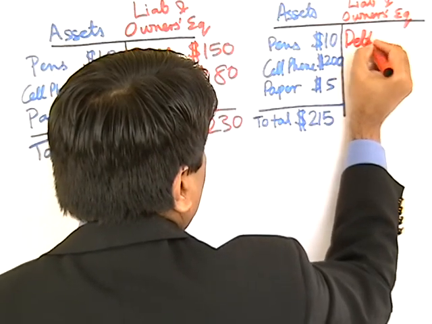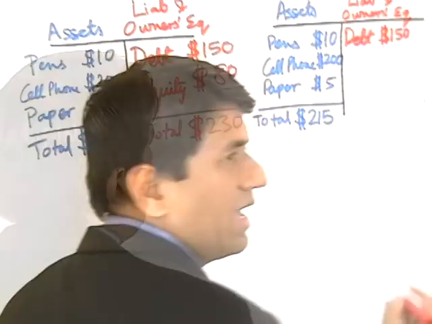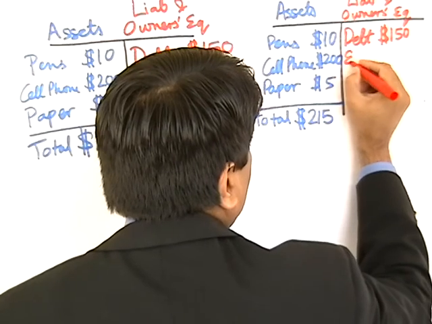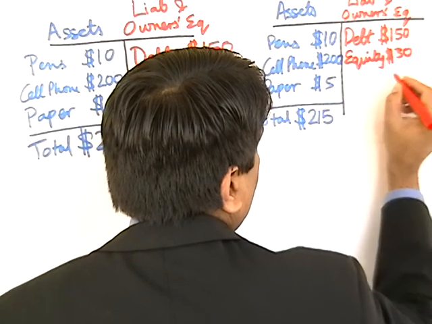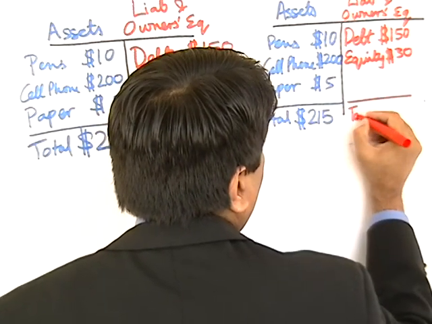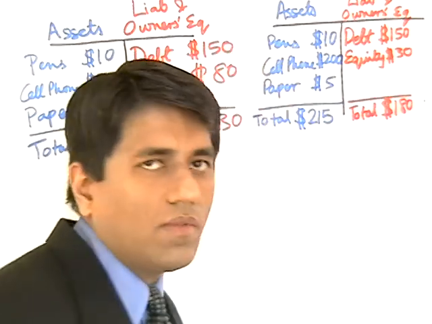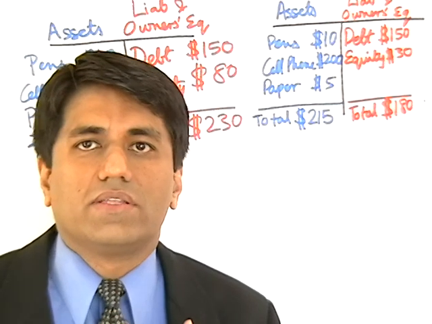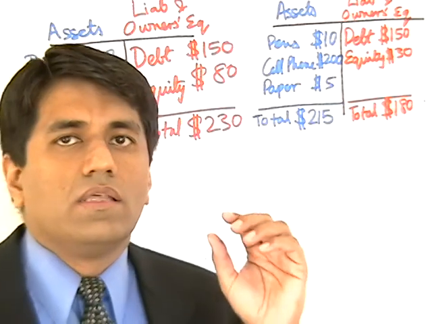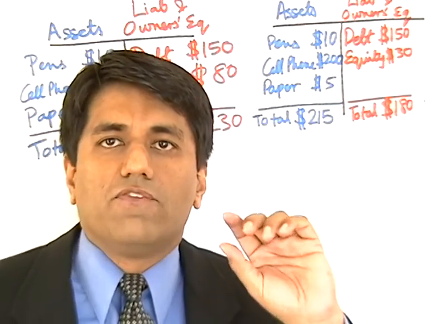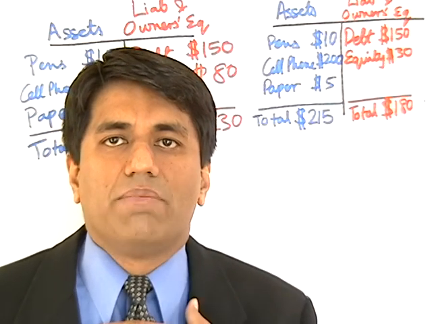And suppose the accountant says that debt is worth $150, equity is worth $30, for a total of $180. Now this can't happen because as the equity holder, I'm the residual claimant. What does that mean? Residual claimant means that for this firm, whatever is not owned by somebody else is owned by me.